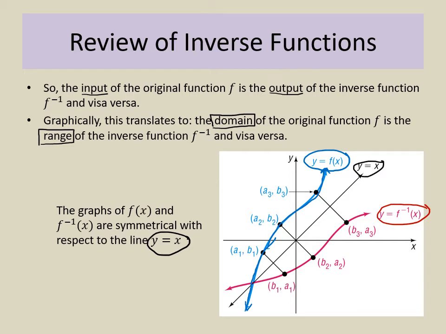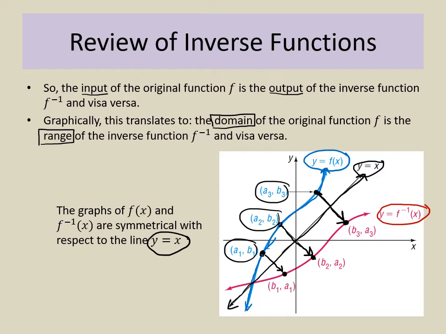If you want to graph the inverse of this function f, first you would draw this 45-degree line, y equals x, and then you would take every point, for example this point right here, and reflect it with respect to that line, and you'd get a new point on the other side. This point, reflect it right here, this point, reflect it here, and so on.